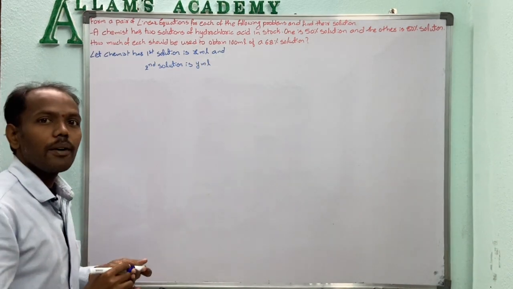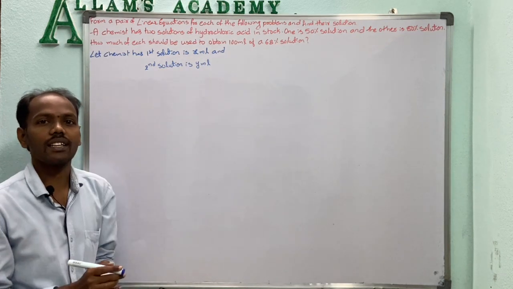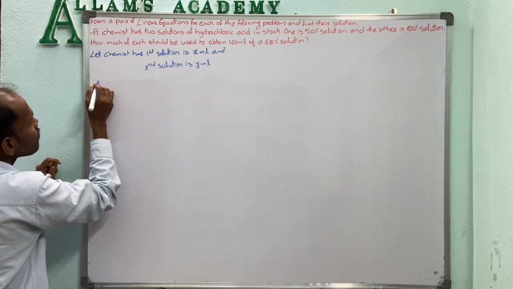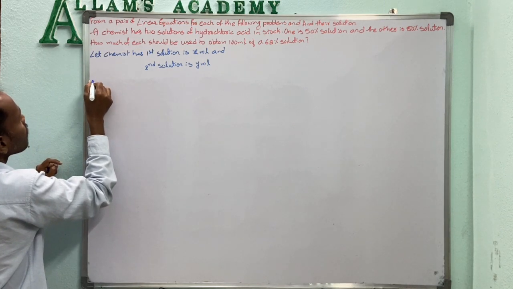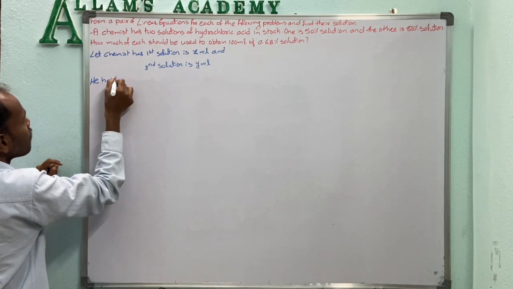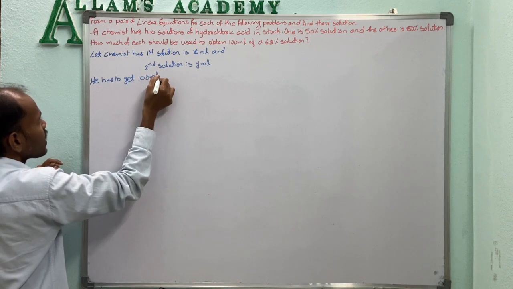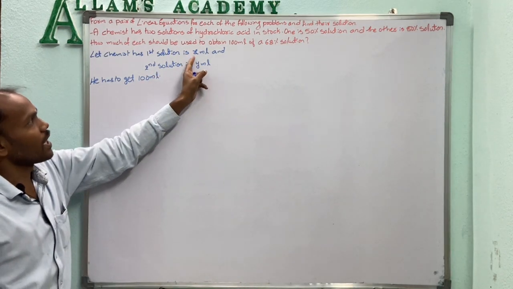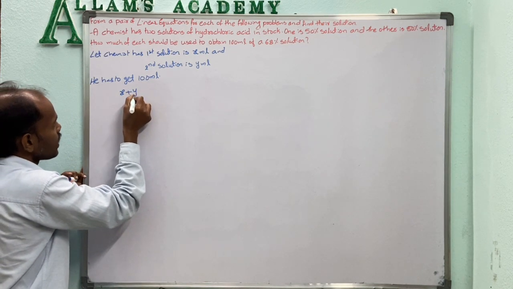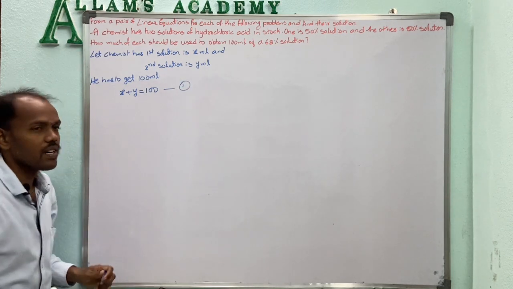So the chemist has to get 100 milliliters. So now x plus y is nothing but 100. x plus y equal to 100. So it is the first equation.